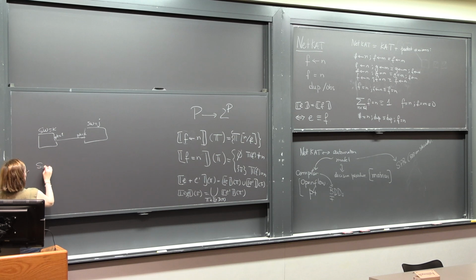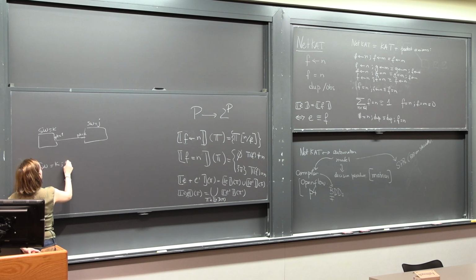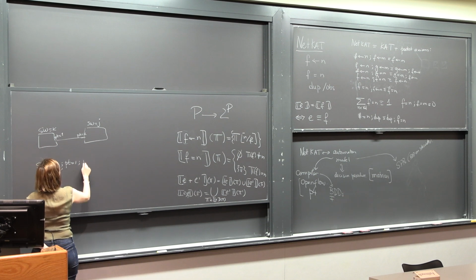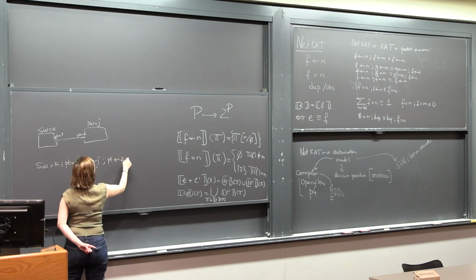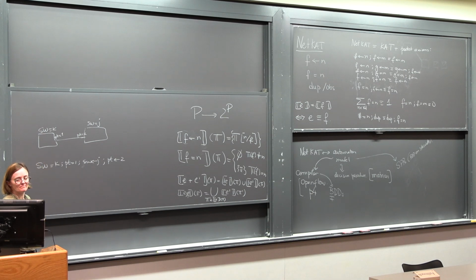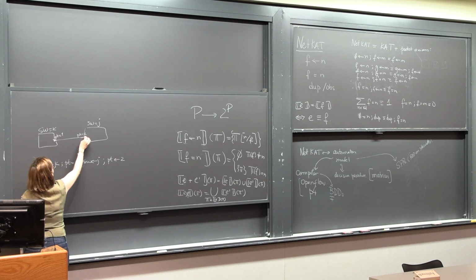So what does that mean? We actually saw the first NetKAT program I showed you yesterday, and it is pretty much what you need for this. It says if I'm at switch K and at port 1, then I immediately want to make sure that I move to switch J and to port 2. Okay? So this is basically telling me my packet got transported from this point to this point.